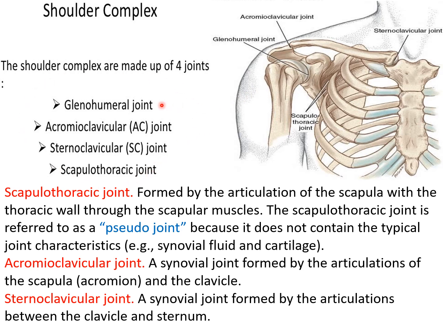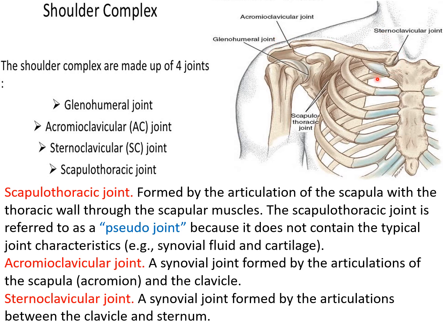Before we go on to the glenohumeral joint, we'll learn a bit about the other joints of the pectoral girdle. The acromioclavicular joint is a synovial joint formed by the articulation of the acromion process of the scapula with the lateral end of the clavicle.